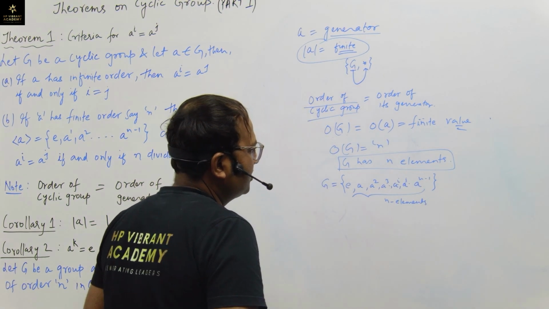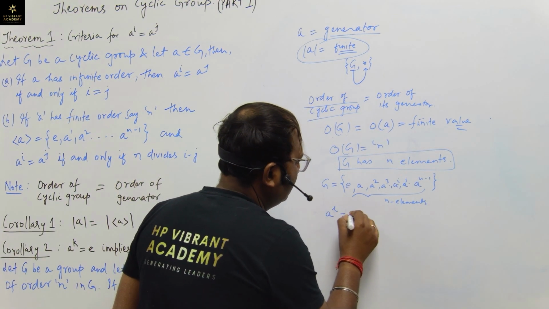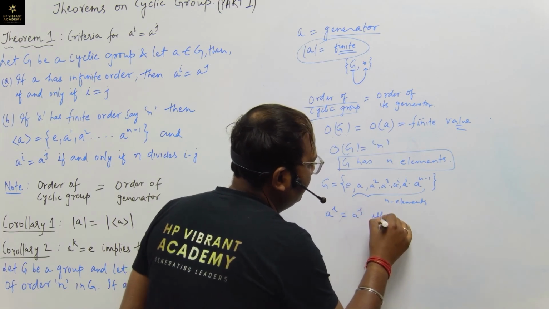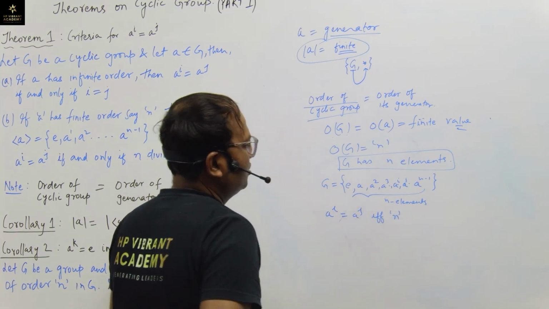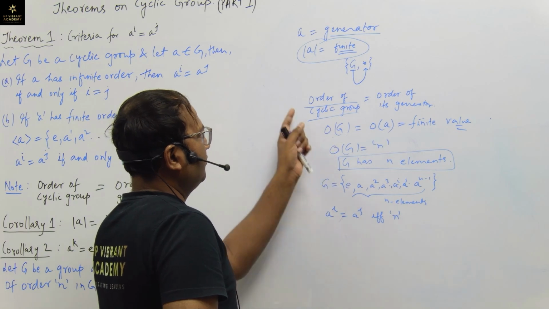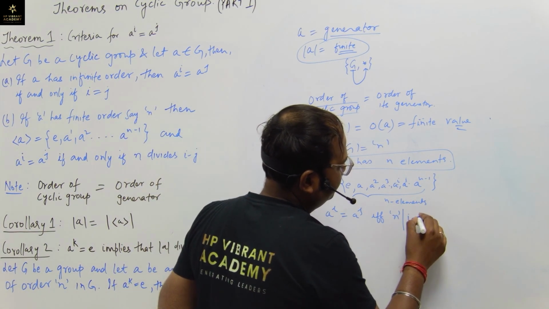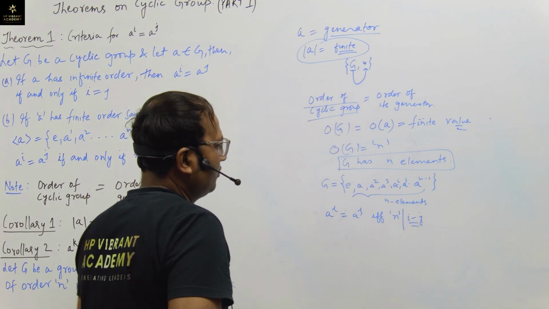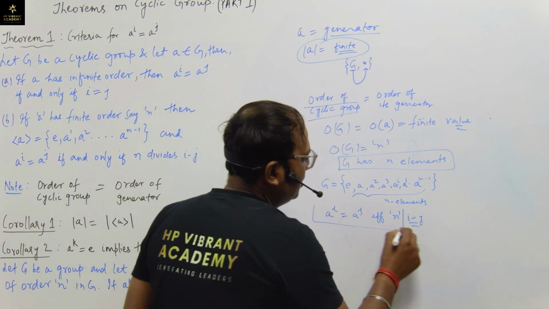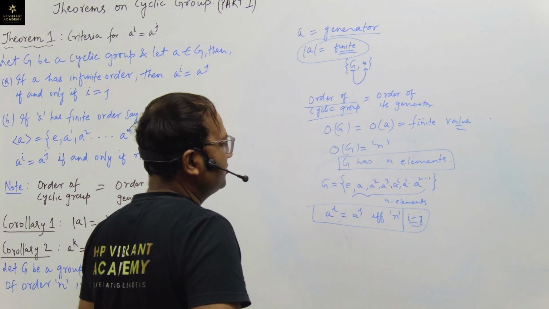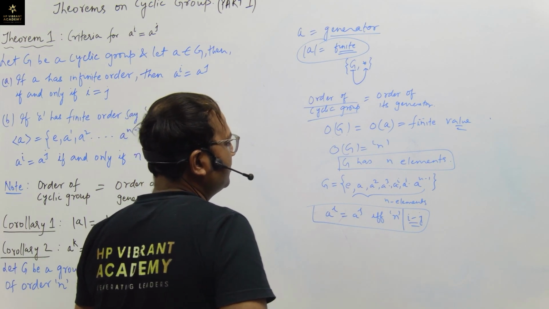As per the statement, a^i is equal to a^j if and only if n, that is order of this cyclic group, divides i minus j. Okay, so let us relate this with an example.